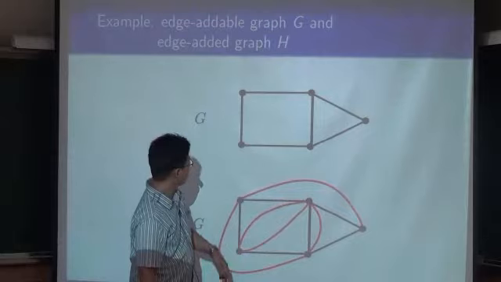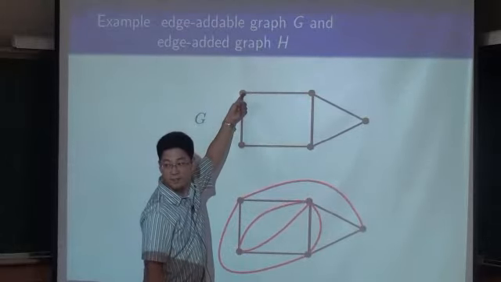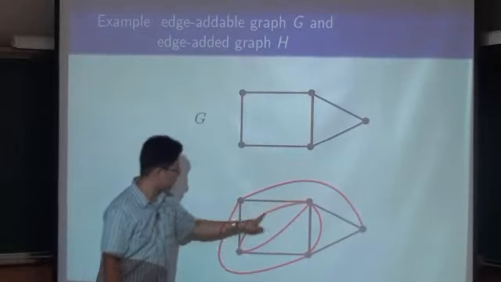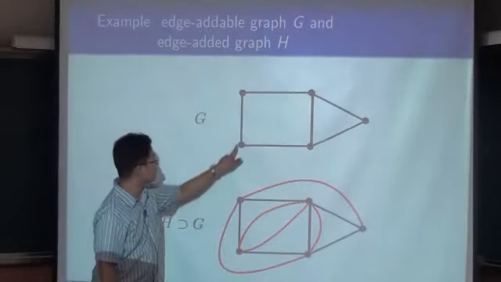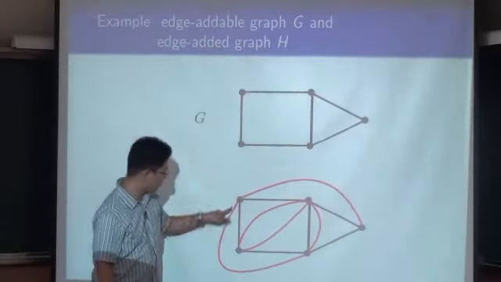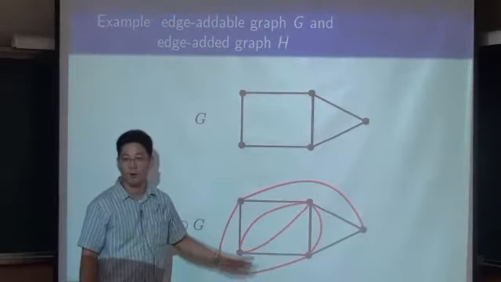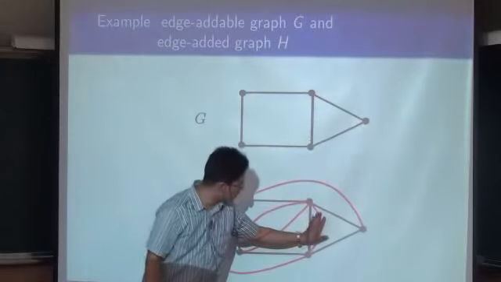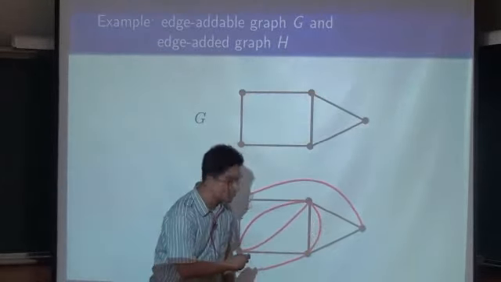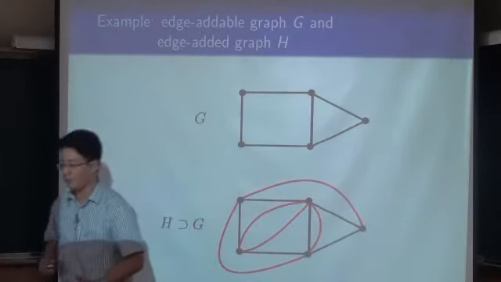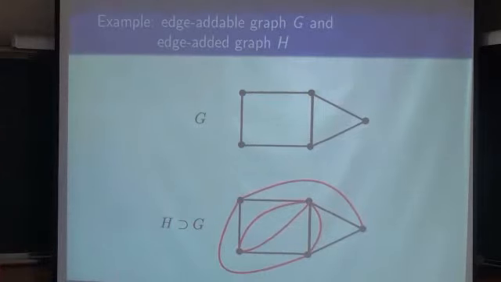And for this vertex, two neighbors are this and that, so we draw this red edge. And for this vertex, two neighbors are this and that, so we draw this edge, and so on, right? Actually, we don't need to draw this red edge, but let's formally draw red edges for all vertices of degree at least 2.